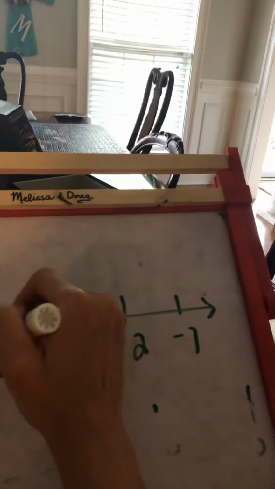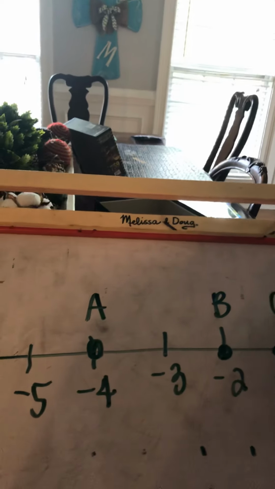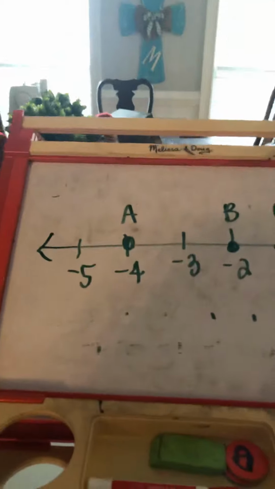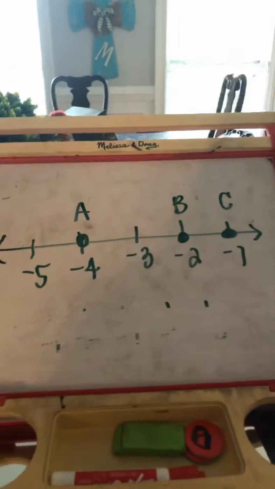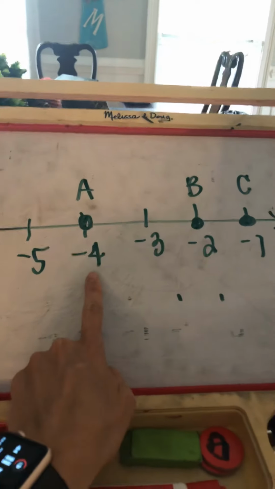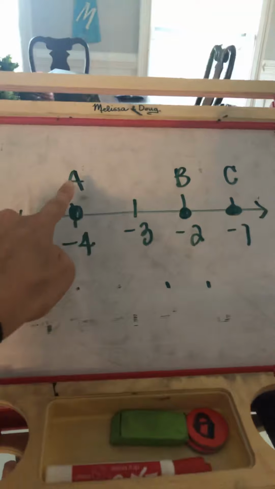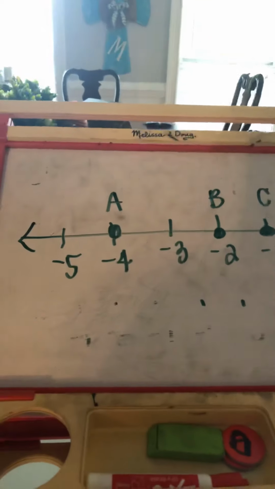And then it will have points and letters above it, and it might ask you what point is located at -4 on the number line. So you would just find -4 on your number line and you would put A, because that A is at -4 on the number line.